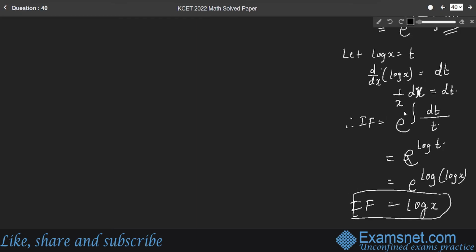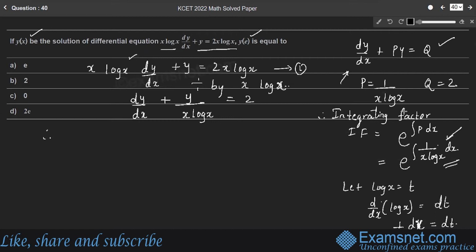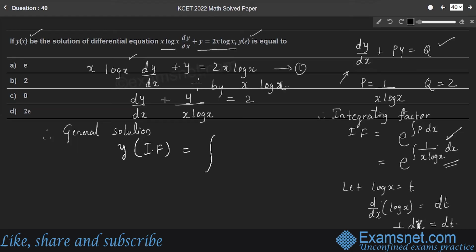So we'll write the general solution. Therefore, general solution becomes, right? So y into integrating factor is equal to integral q into integrating factor dx plus c, right?